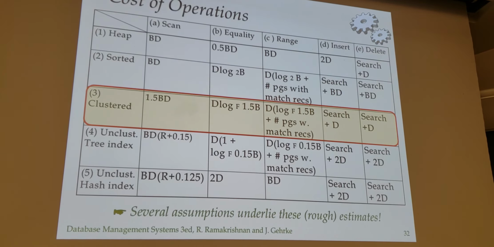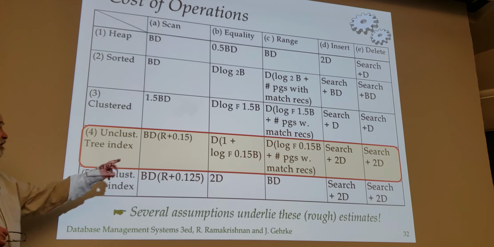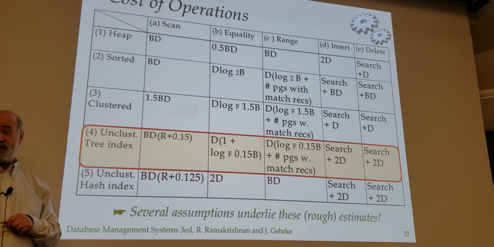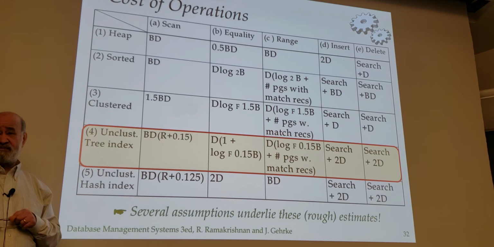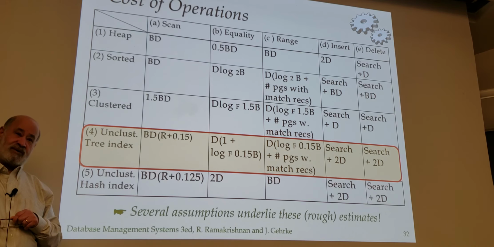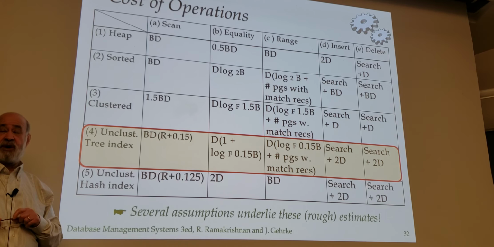One more, about this ridiculous value, BD times R. Again, everything's multiplied by D. There are R records in each block. There are B blocks. So how many total records are there?